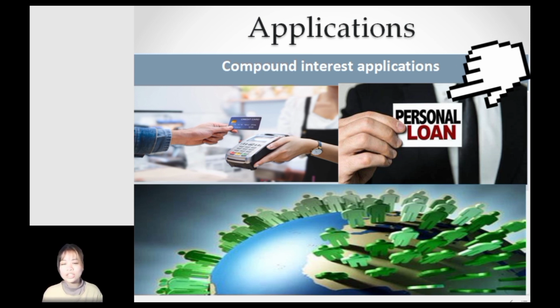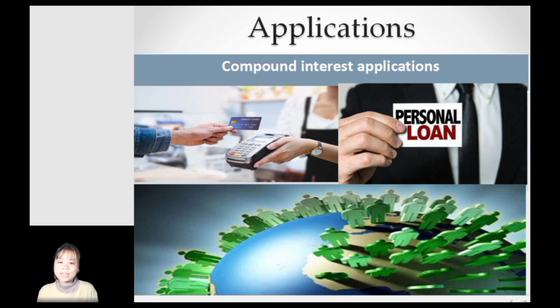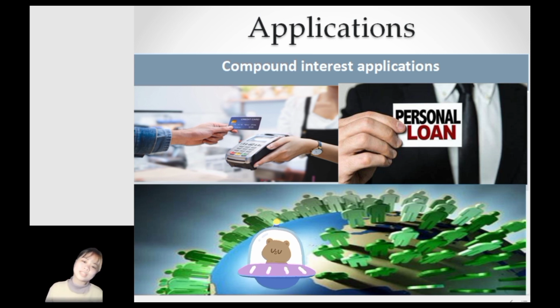The more the interest, the bigger the interest, and we could easily drown in debt. Growth and decay in a population is also an application of compound interest. Population increases every year at a certain rate, and the increase in population works the same as compound interest.